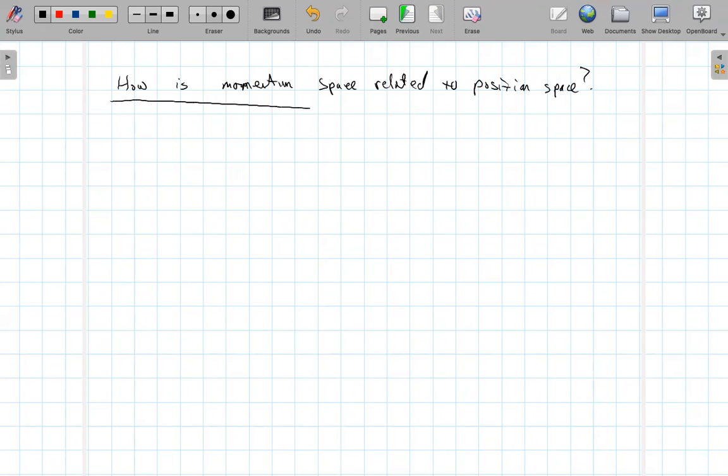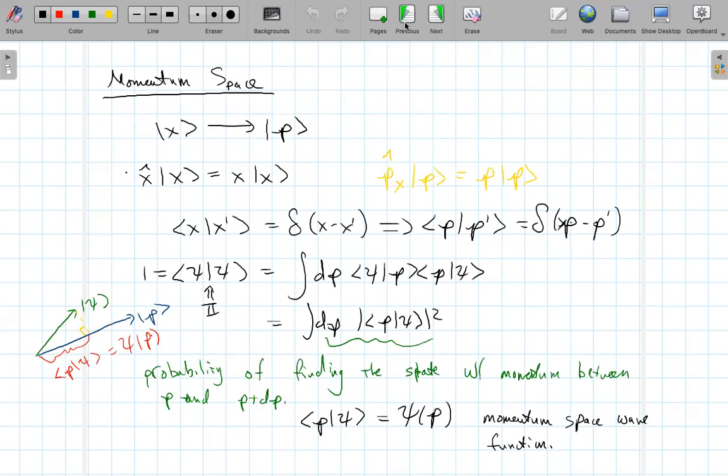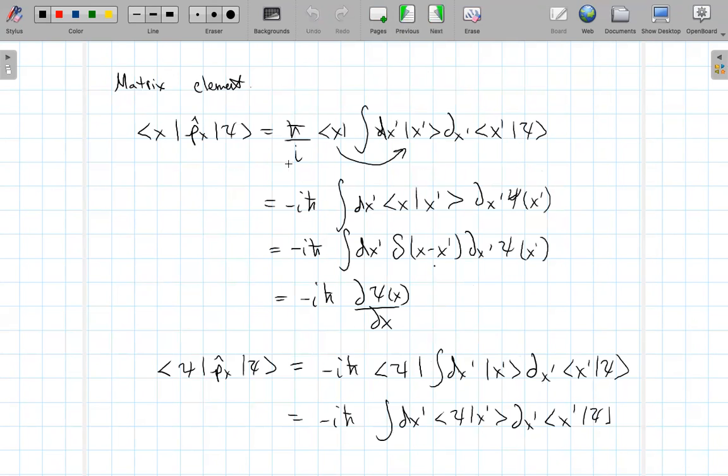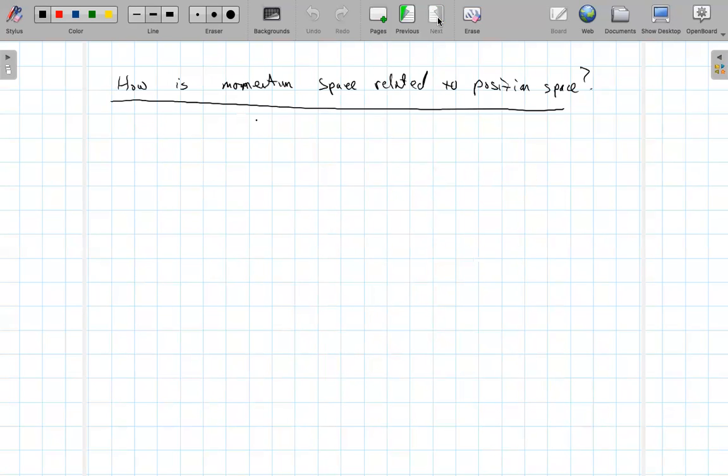So what's the connection between these two guys? Okay. So basically to do that, we're going to use what we just came up with. I'm going to use this expression here, but I'm going to replace this psi here with the position basis. Okay, and then I'm just going to simply use the result.